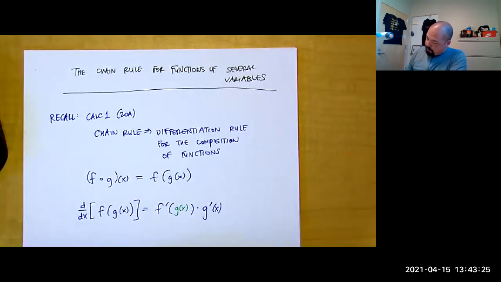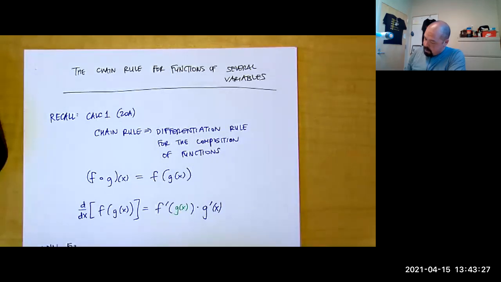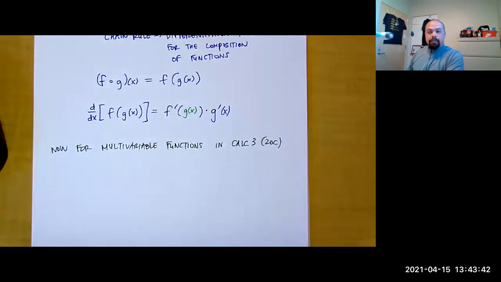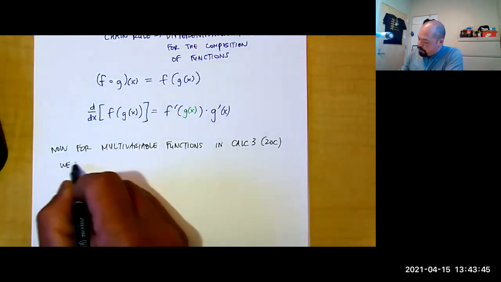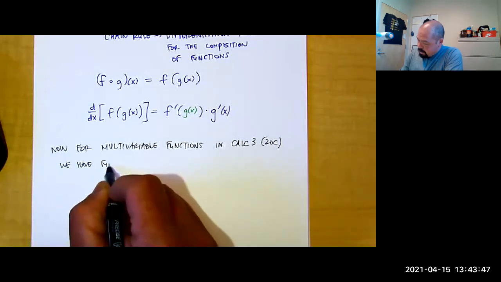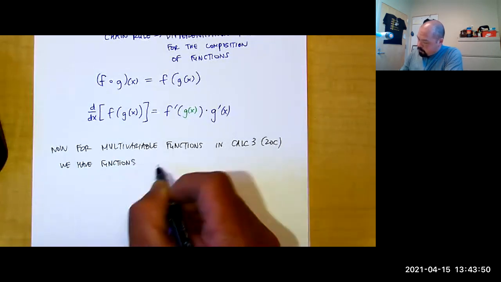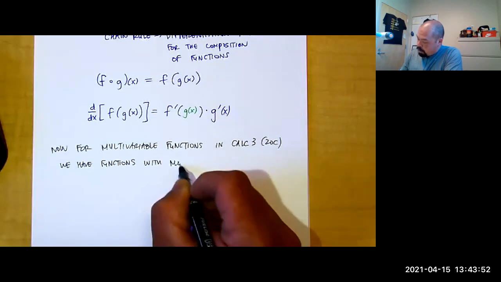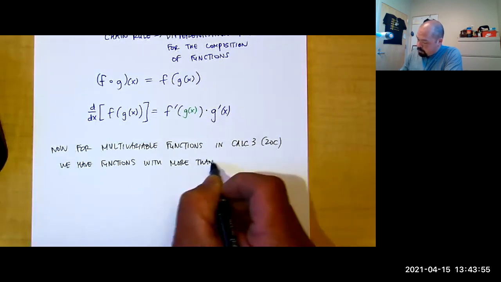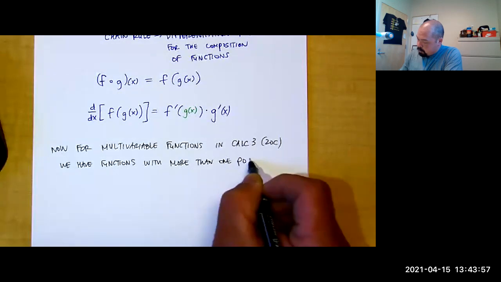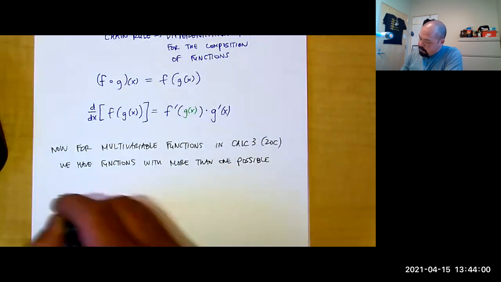So now, for our multivariable functions in Calc 3, right, our 20C course now, we have functions with more than one possible independent variables.